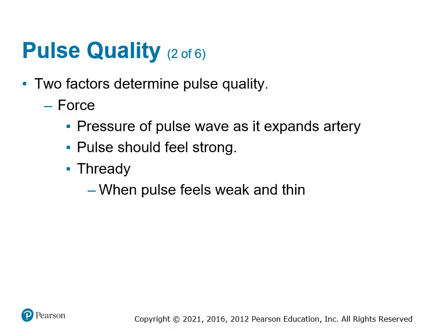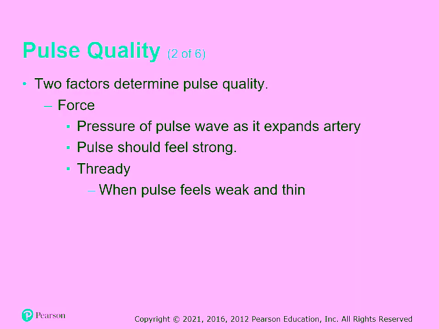Some other things that a pulse might feel would be weak or thready. Thready is when the heart rate is usually so fast that it just kind of melts into the other beat from one beat to the next. So you can't feel that clear defining pulse or pump of the pulse. So somebody with atrial fib might have a pulse that's considered thready.